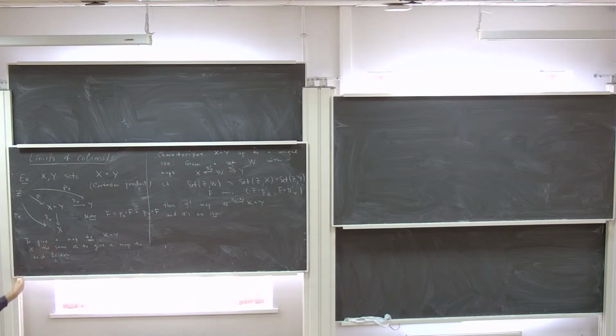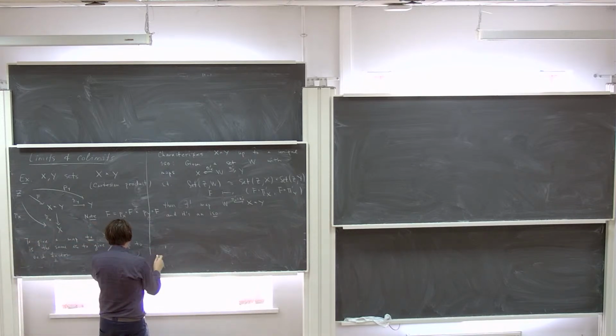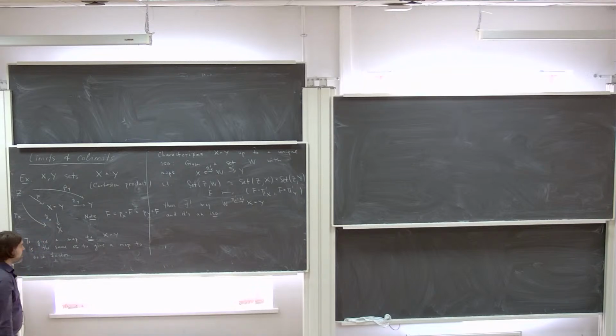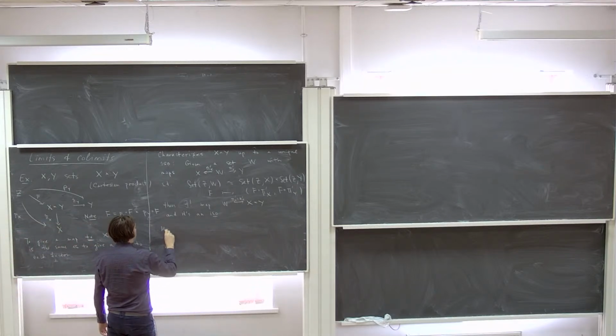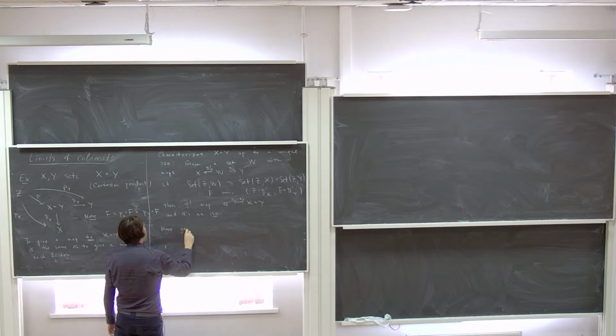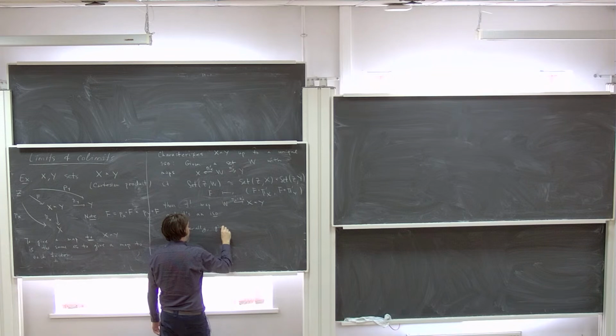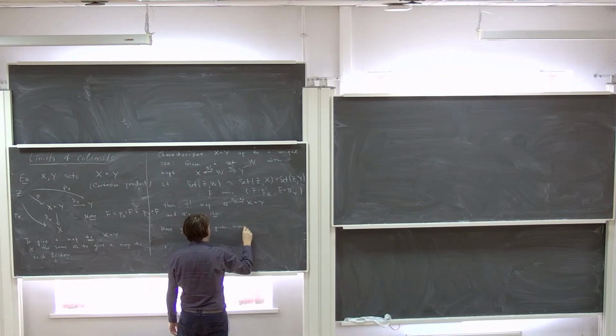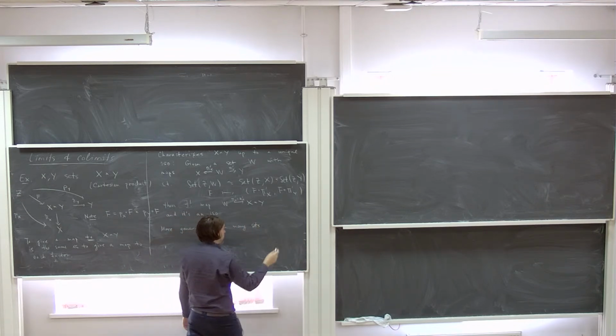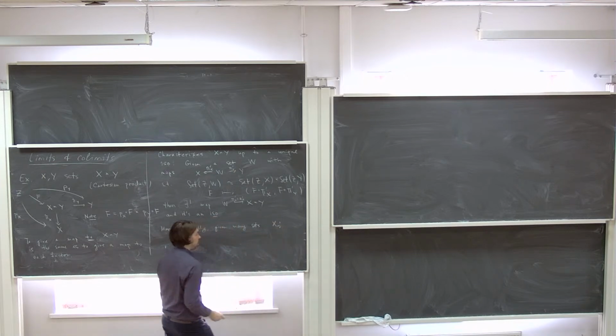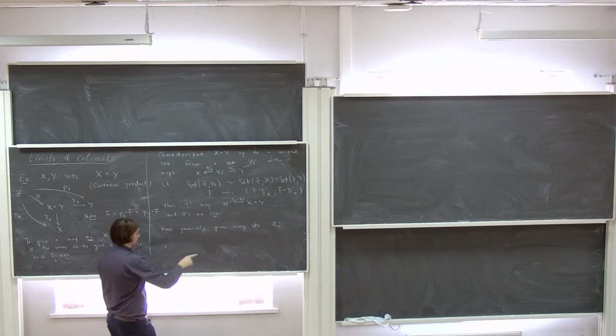So the product is characterized by this property of having two maps out of it, and any other map into it is characterized by its projections onto those other two pieces. And more generally, given many sets xi, we can form the product over an indexed set.